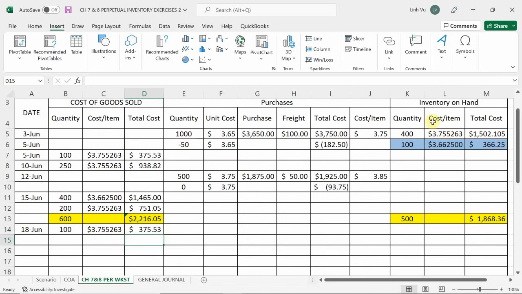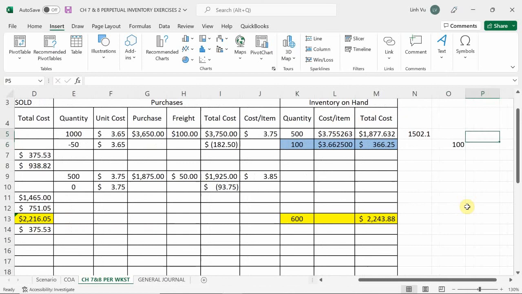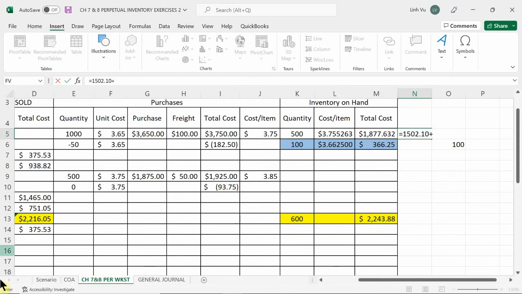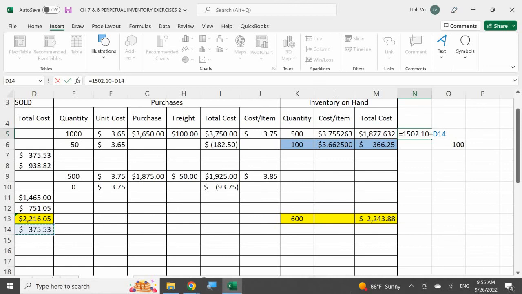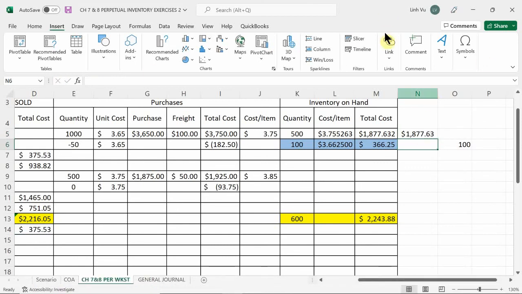I've got to pop and add that back in there. So I'm at 400, should be 500 now because I added 100 back in there. And let me see. So I'm at 1,502.10 plus 375.53. I should be at $1,877.63. So good. I am back exactly where I need to be.